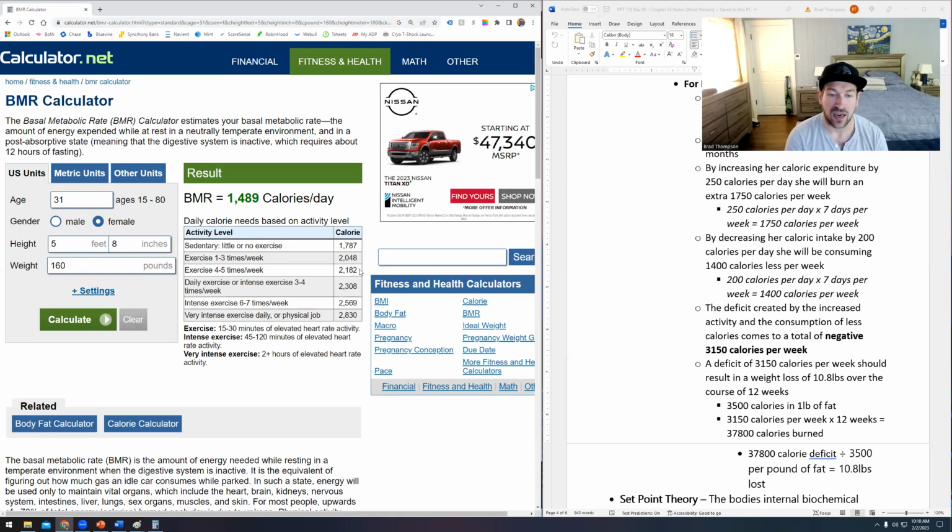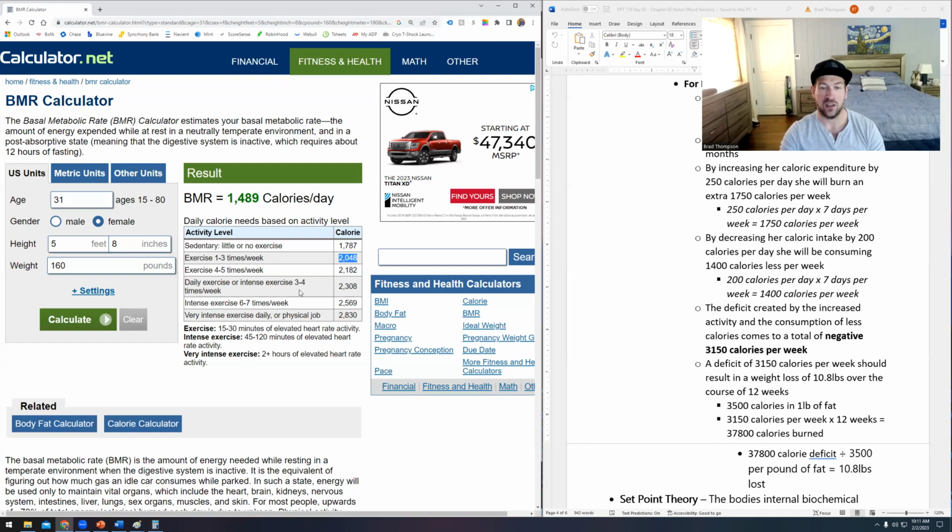So I could say, all right, we want to see an extra 250 calories burned every single day. So if that's her normal lifestyle, we'd put her on a 2,048 calorie diet in order to stay the same. And then I could say, let's go ahead and up your physical activity a little bit and get an extra 250 calories every single day.